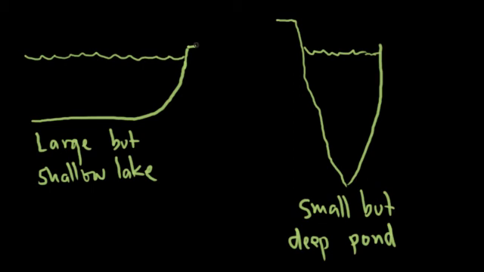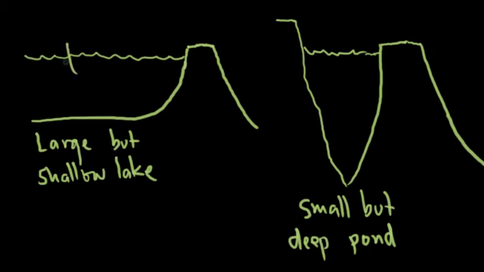dam, let's say we have a dam here, and over here, let's have also a dam. The average pressure acting against the dam depends on the average depth of the water, but not on the volume of water that's being held back.